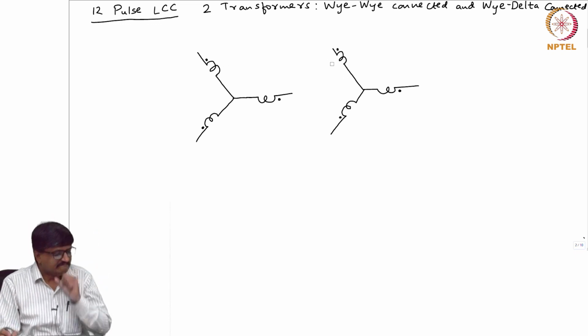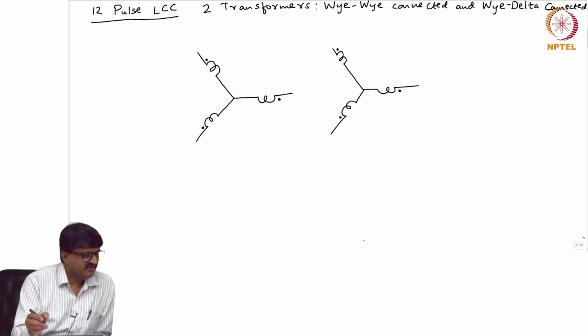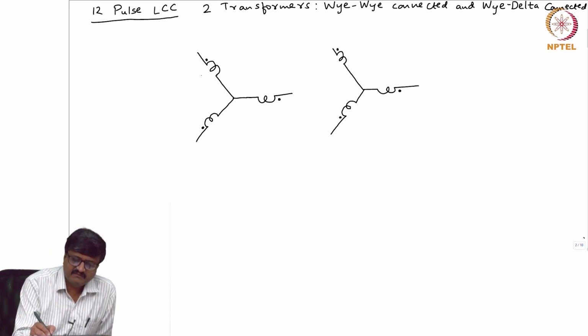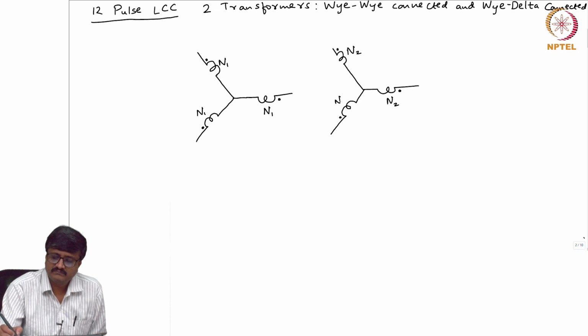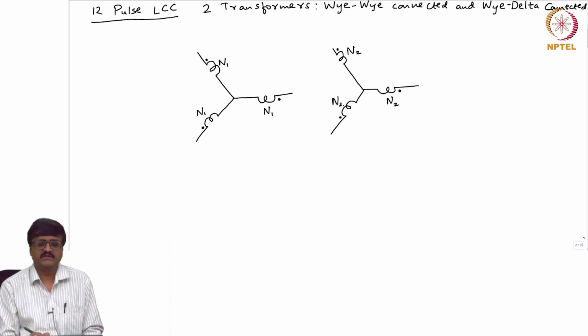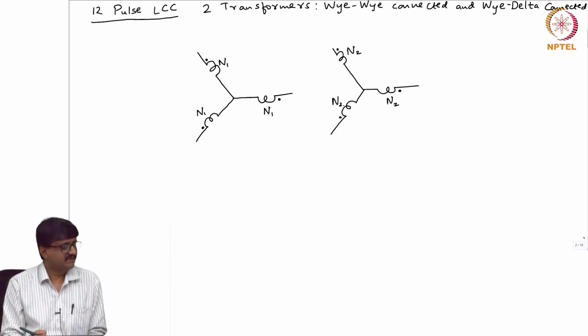Let me say the number of turns here is N1 and the number of turns here is N2. So, this is the YY transformer.